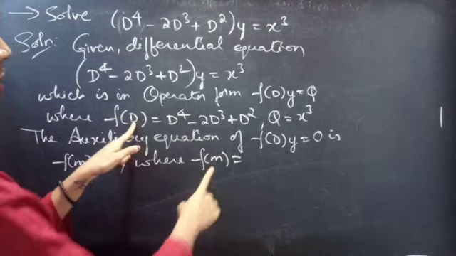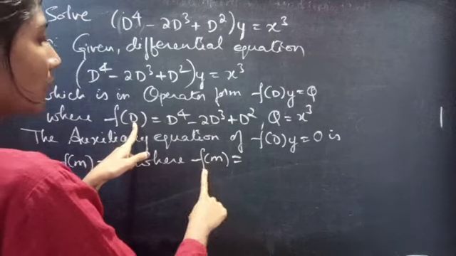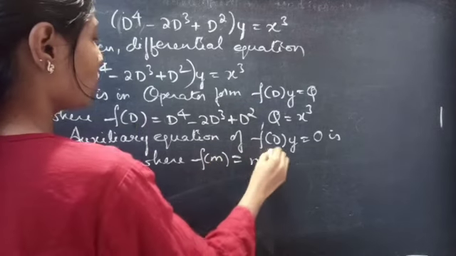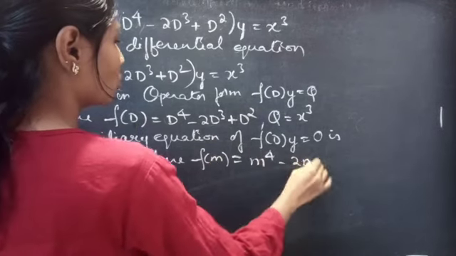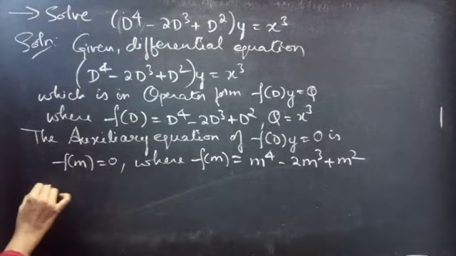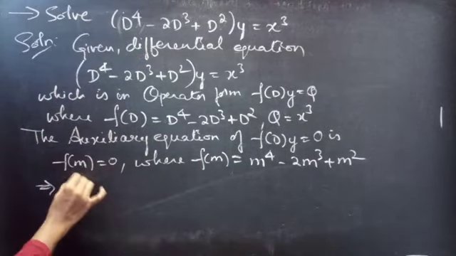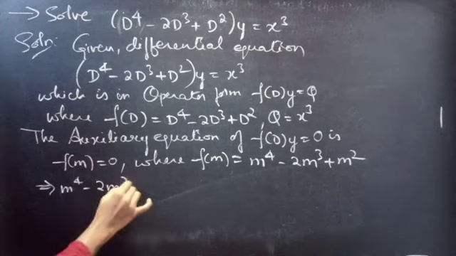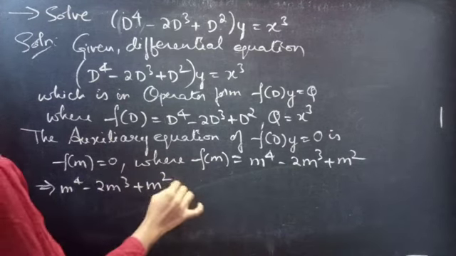Let's replace the differential operator D by m, so that we'll get F(m) = m^4 - 2m^3 + m^2. Then our auxiliary equation becomes m^4 - 2m^3 + m^2 = 0.